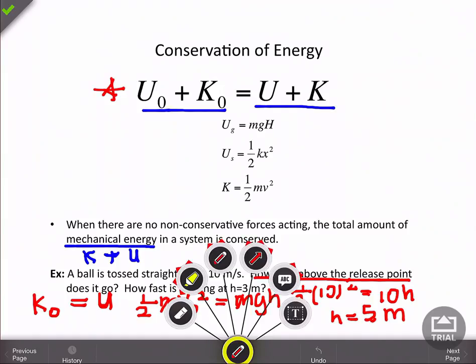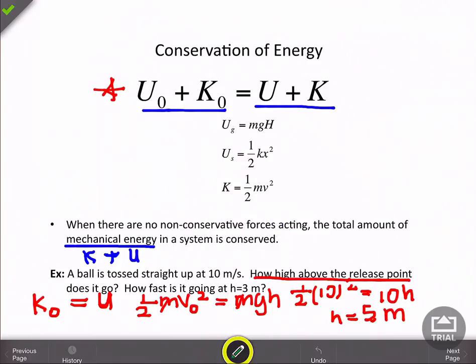So for the second part of the problem, which I'm going to do up in the right-hand corner of the screen, we have how fast is it going at a height of 3 meters. Again, I'm going to use energy, and I still have initial energy is all kinetic. I'm still saying that my initial position is right when we toss this ball straight up at 10 meters per second. So we're on the ground. We have only initial kinetic energy.